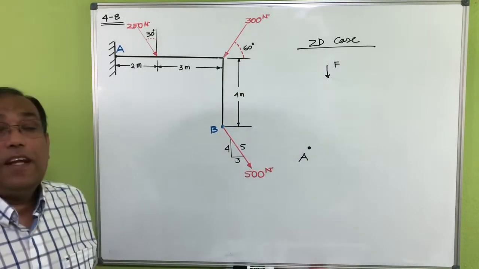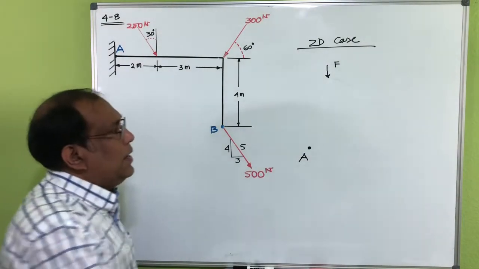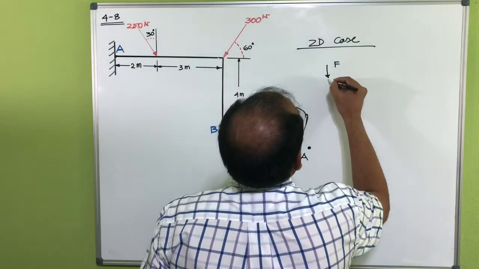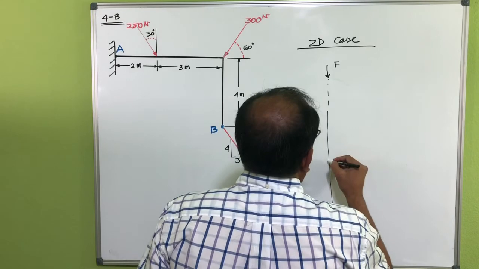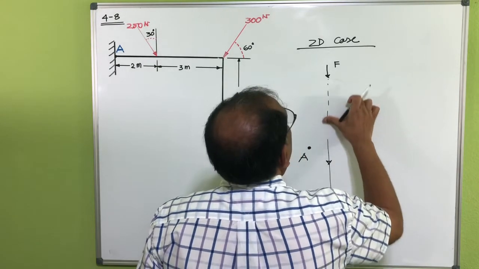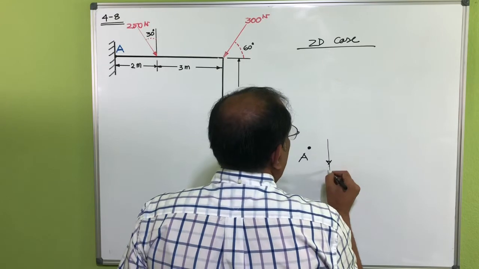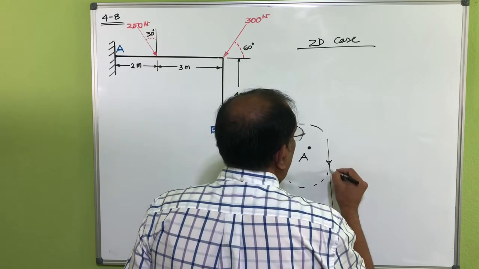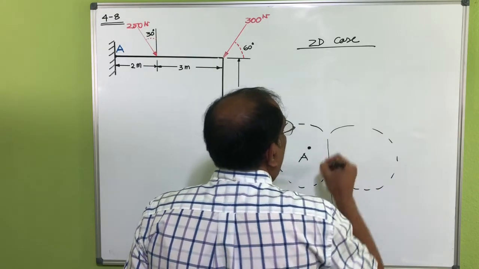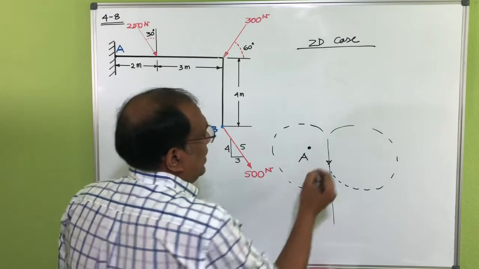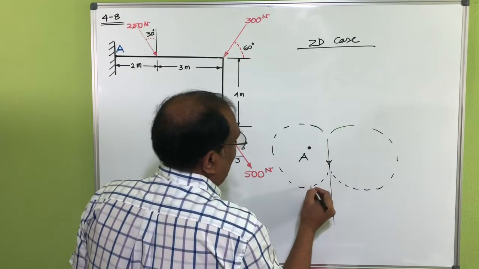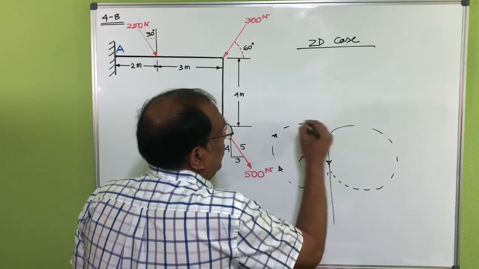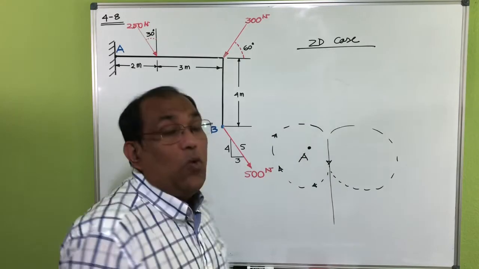Now it's kind of difficult to see whether this one is rotating this way or this way, right? So it's always better to draw the line of action of that force and move that one here, okay? And try to see whether the force is rotating clockwise or counterclockwise about the point at which I'm trying to take my moment. So you can see if you want to include that point, then basically you are going in the clockwise direction.